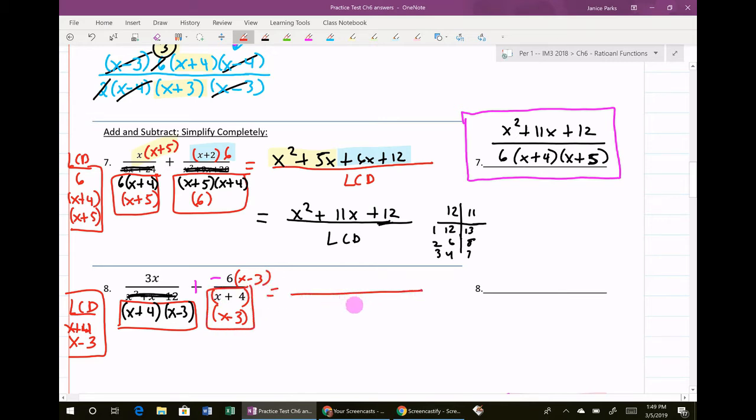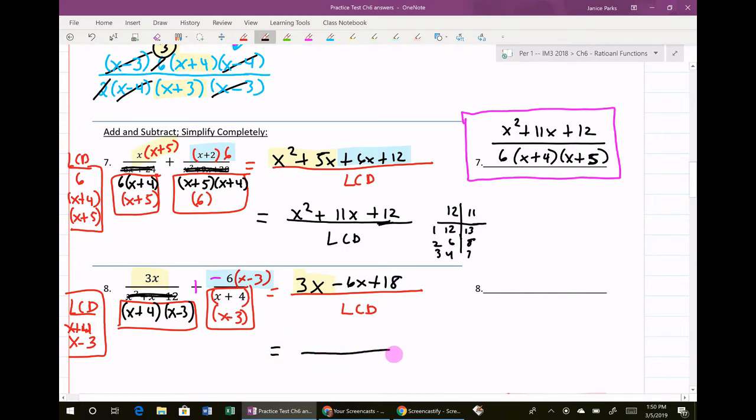So now since the denominators are the same, I'm going to go ahead and write LCD. The first term is just 3x. And then the second one, we're going to distribute that minus 6. So I'm going to get negative 6x plus 18.